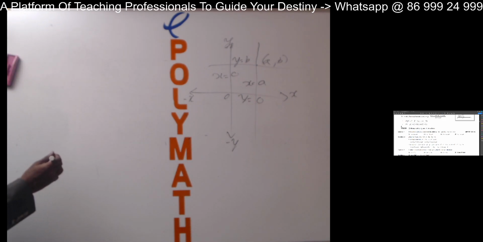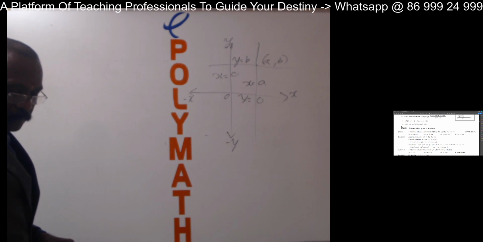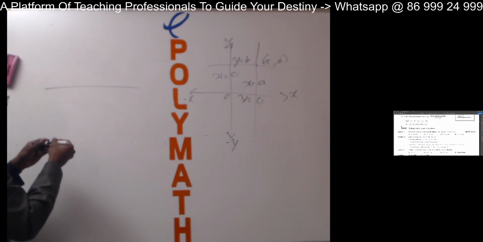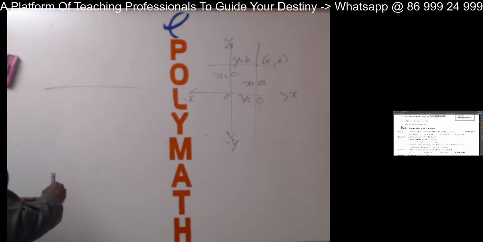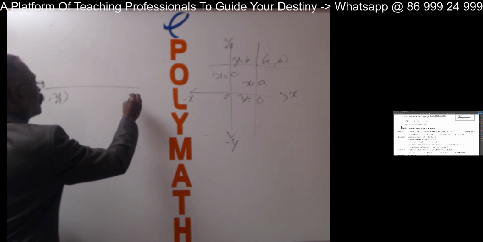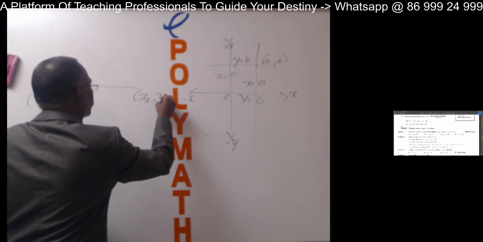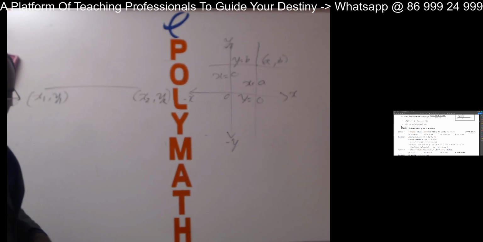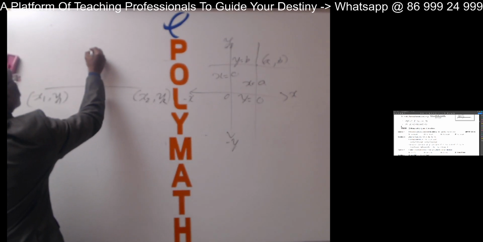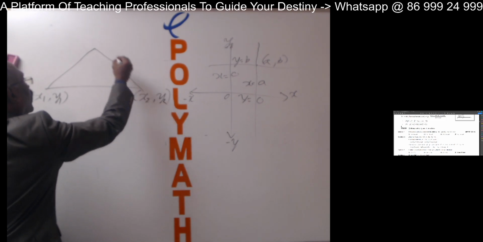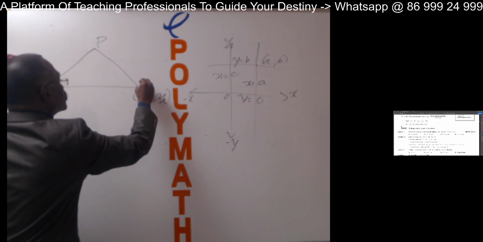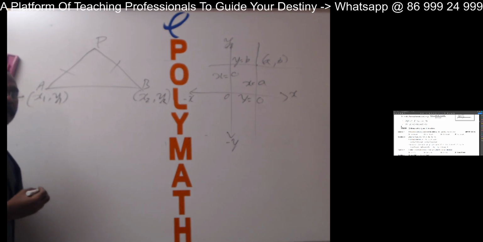Let me take 2 points here. One is x1, y1. Other one is x2, y2. Then, I take a point which is equidistant from the first point and second point. This is taken to be P there in the previous problem. This is A, this is B. What is that? PA is equal to PB.